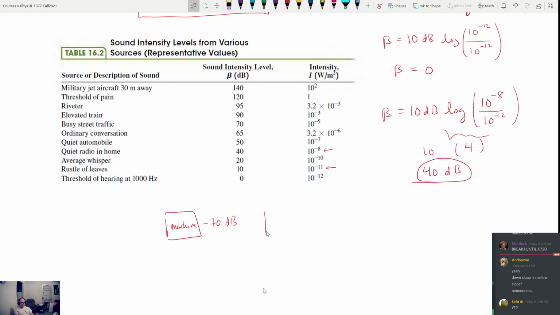So my question would be, suppose I have another machine that's exactly identical in a machine shop or something, and this one is also outputting sound at 70 decibels. So the question is, if I have these two machines acting together, what is the total intensity?